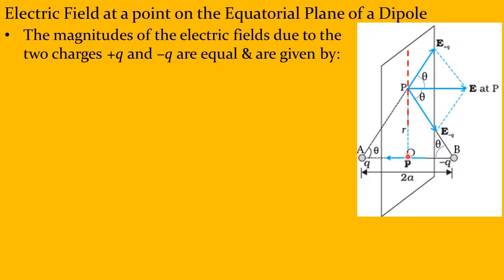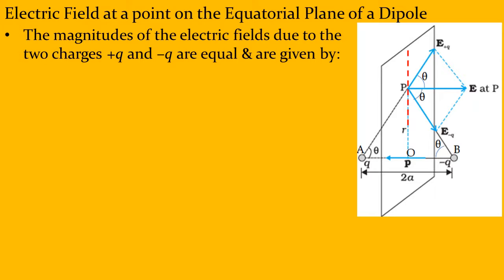The distance from O to charge Q is a. So by Pythagoras, I have got a square plus r square is equal to AP square, the distance between A and P. So now what is the distance from charge Q to P? It is under root r square plus a square. Similarly, the distance from charge minus Q to P is under root r square plus a square.